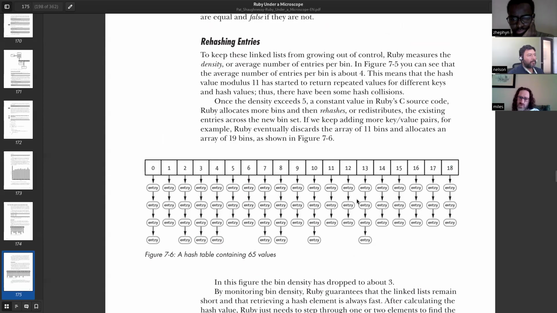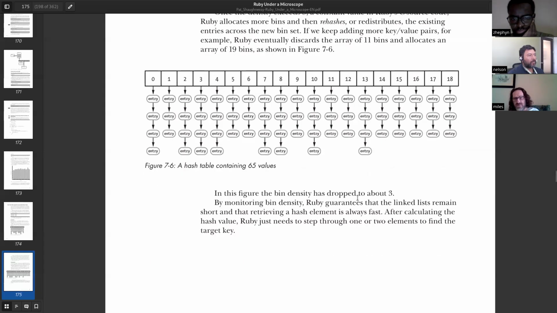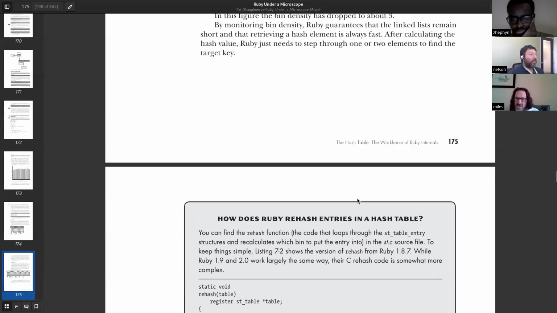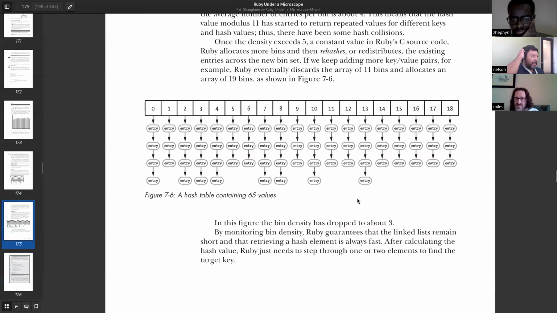But that probably would use more memory than is desirable, and maybe that's why they don't do that. It did at first expand it to the next bigger one, so it's the closest prime to the next power of two.